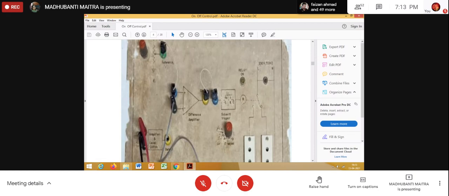When the electromagnet is not energized, this contact is closed. That's why this is called a normally closed or NC contact, and this contact is normally open, denoted by NO. Now, the state of these two contacts will change if the electromagnet is energized.